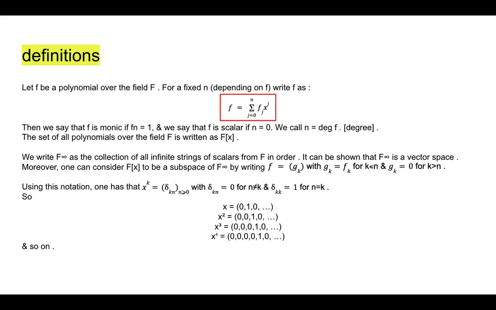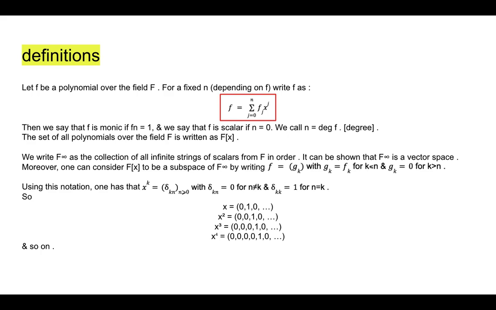We begin with some simple definitions. So let f be a polynomial over the field capital F. For a fixed n depending on f, write f as the sum, as j goes from 0 to n, of the product of the coefficients of f, that is f_j, times the powers of x in increasing order, that is x to the power j.